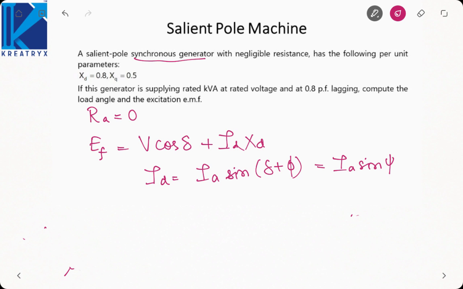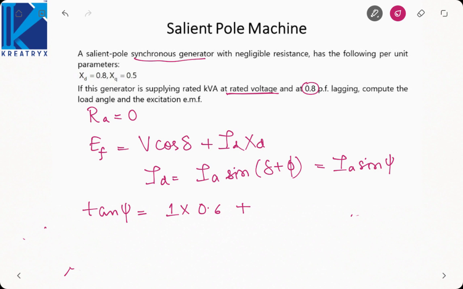Okay, so now first let us calculate the load angle, that is delta. For delta I need to find psi. So tan of psi is V sin phi, with rated voltage 1 pu, sine of phi, power factor is 0.8, so sine will be 0.6, plus IA.